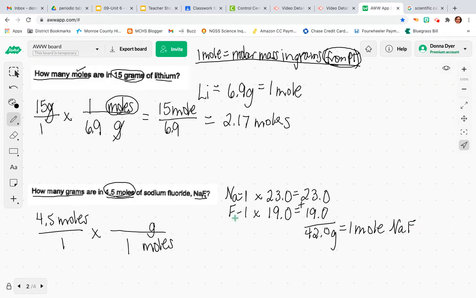So again, 1 goes in front of mole, what goes in front of grams? 42.0. So anytime it's talking about grams, you have to find your answer from the periodic table. All those numbers that you get from the periodic table are grams. So anytime grams is part of the question, you're going to have to use the periodic table to get those grams. So now on the top, we have 4.5. Again, moles cancels out. I should do that first. We have 4.5 times 42.0.